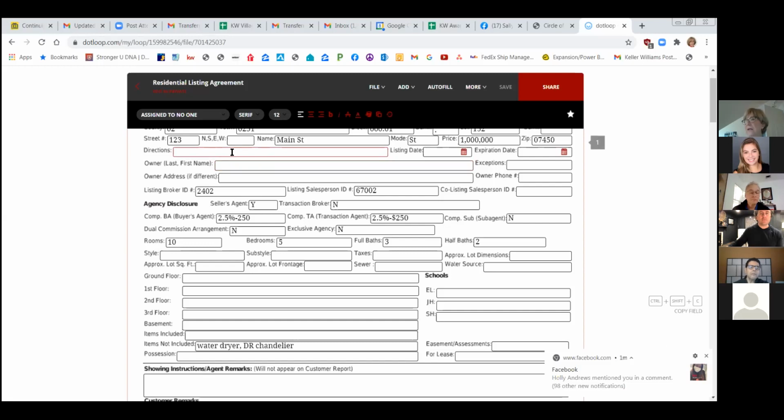Next thing is directions. Whenever you're giving directions to your listing, the idea is that you want to make it easy for the other agent and the buyers to find your listing.